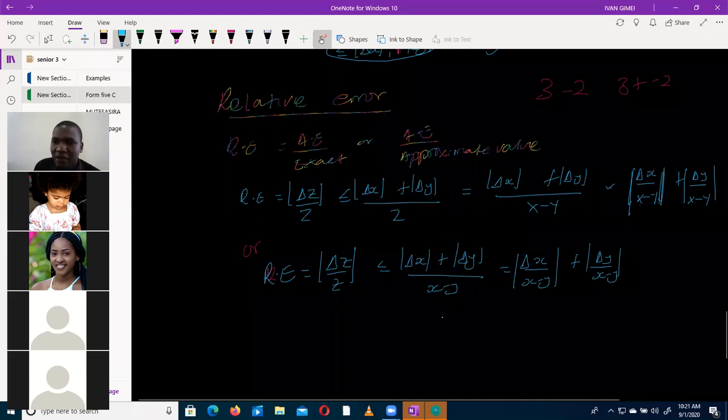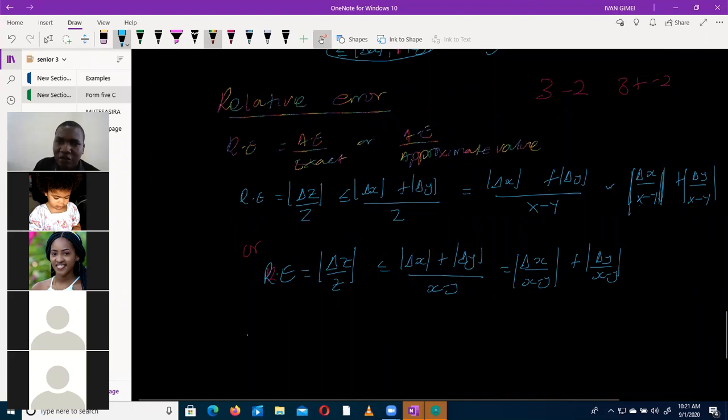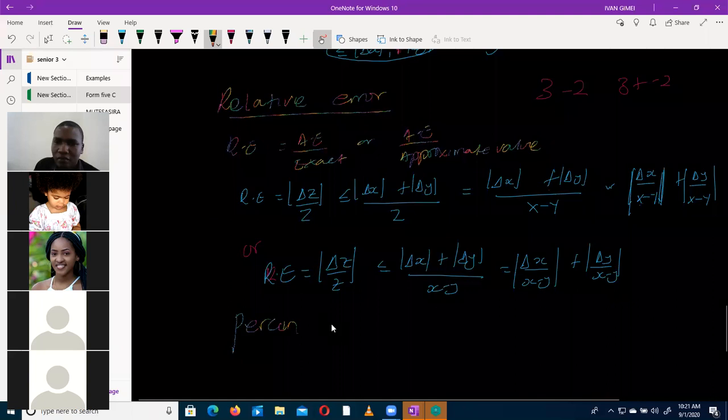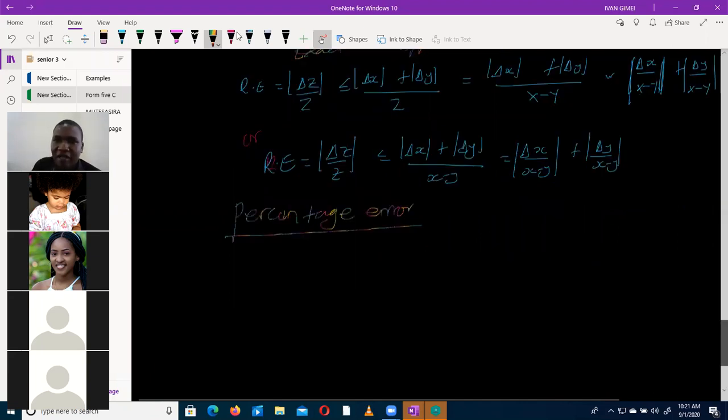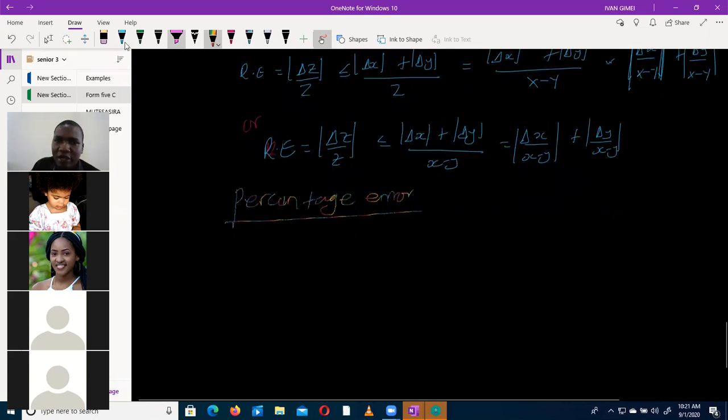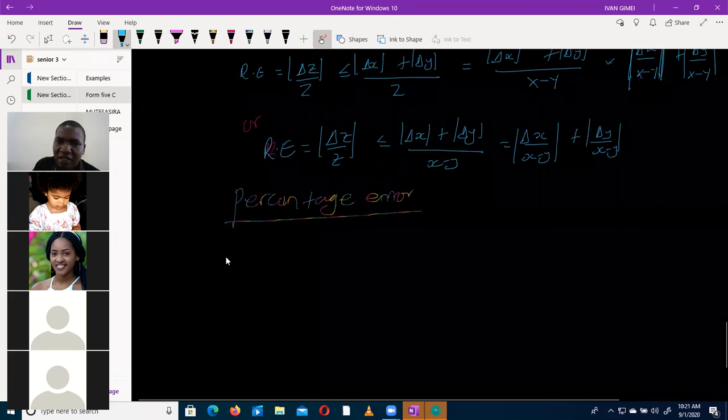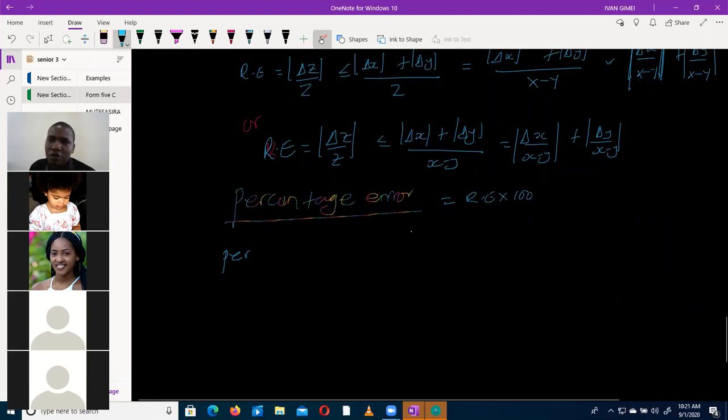And lastly, when they ask you to find percentage error, we define percentage error as when you express relative error as a percentage, that times 100.